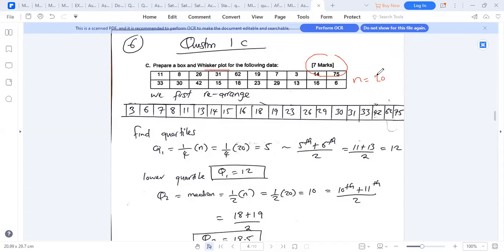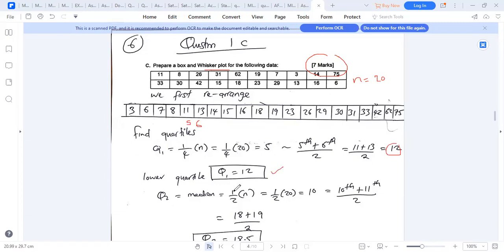Only when it's a whole number, you take that number and the next and divide by 2. So a quarter of 20 is 5. So the 5th and the 6th divided by 2. So 11 and 13. This is number 5, number 6. So you add and average them. That gives us 12. 12 is our Q1.